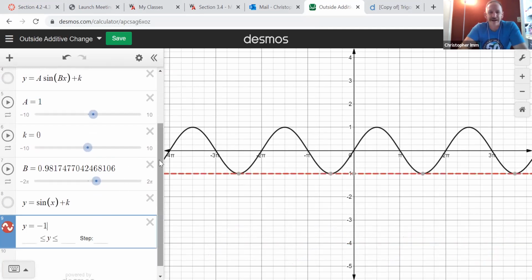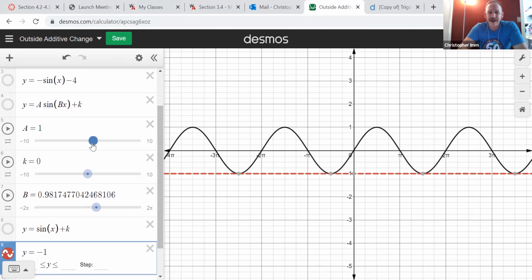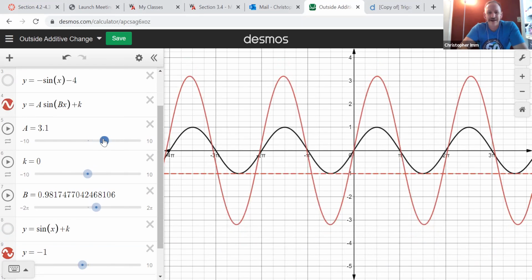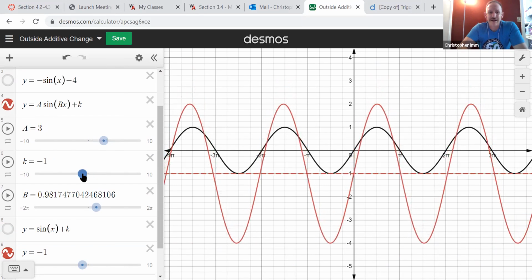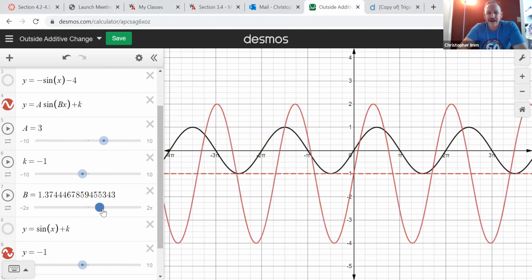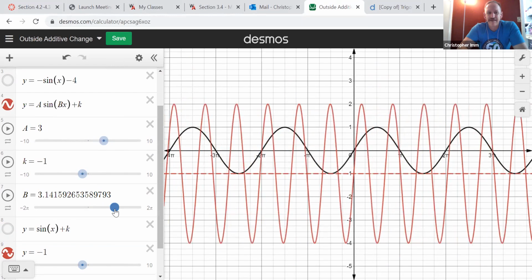So let's go ahead and use these sliders. A was 3. Oh, I have to plot this. Okay. A is 3. There we go. K was the shift down 1, so -1. And B was 3.14159. It was pi. So that's speeding the graph up.